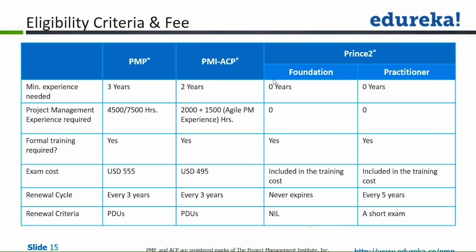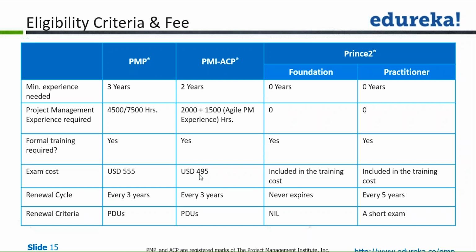For PMP, the exam fee is US dollar 555. For training, it is the cost which is listed on our website. For PMP, it is 13,995 in INR and $299 in USD. Depending on which country you are in, you can pay as appropriate. And for PMI-ACP, again, you need to go to our website and check the cost.